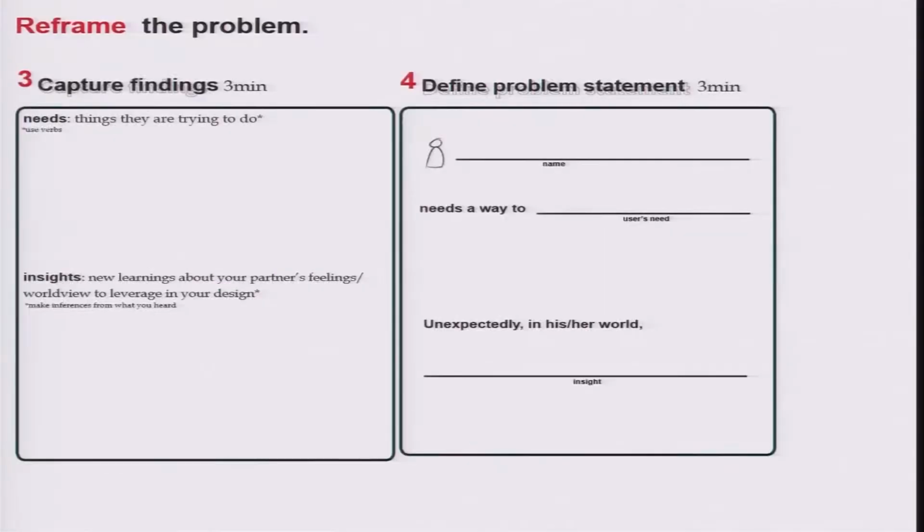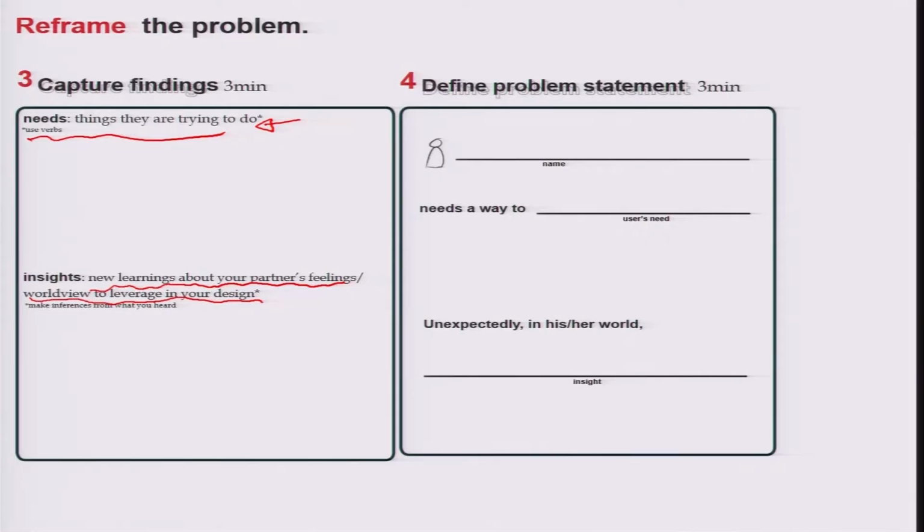So, something which is full of innovation, and in this you will have to capture findings again by understanding the needs, which are things that your partner tries to do most of the time, and the insights which you gain by talking, and trying to find out the implicit or hidden feelings that your partner has, and give a world view to leverage those feelings somehow to map into your design.